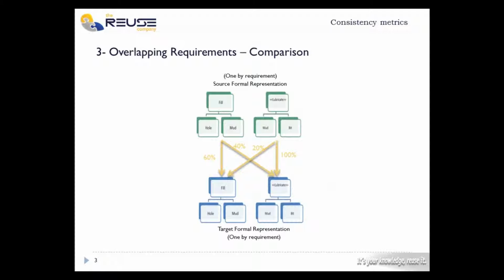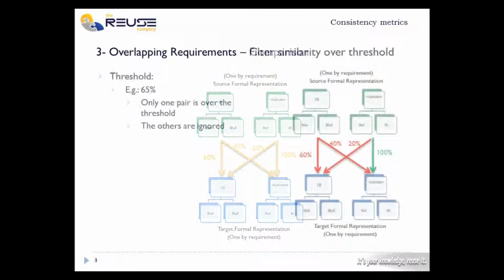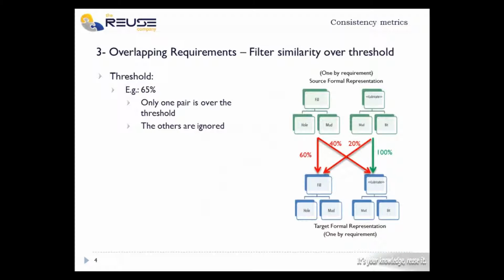Let's say if we have 1000 requirements in the source and 2000 requirements in the target, there will be 2 million operations to be done. A parameter of the metric configuration is the threshold to filter the computed similarity for each requirement pair. If it is lower than it, the metric assumes that they are not redundant requirements.